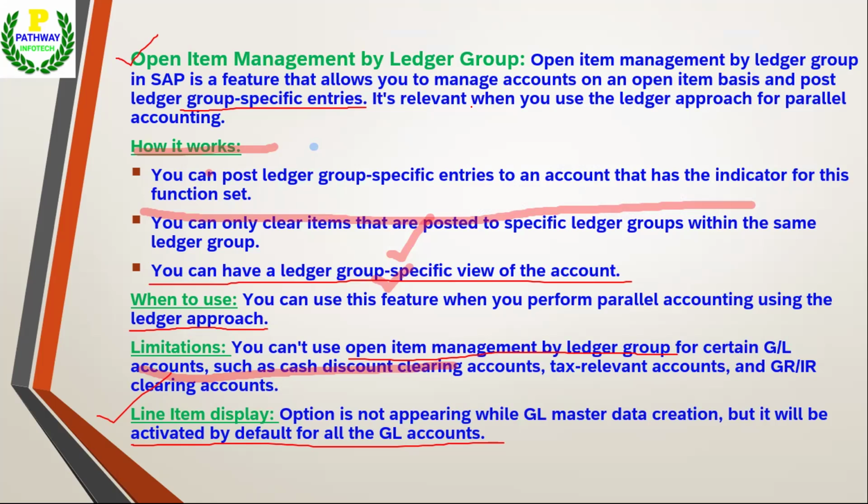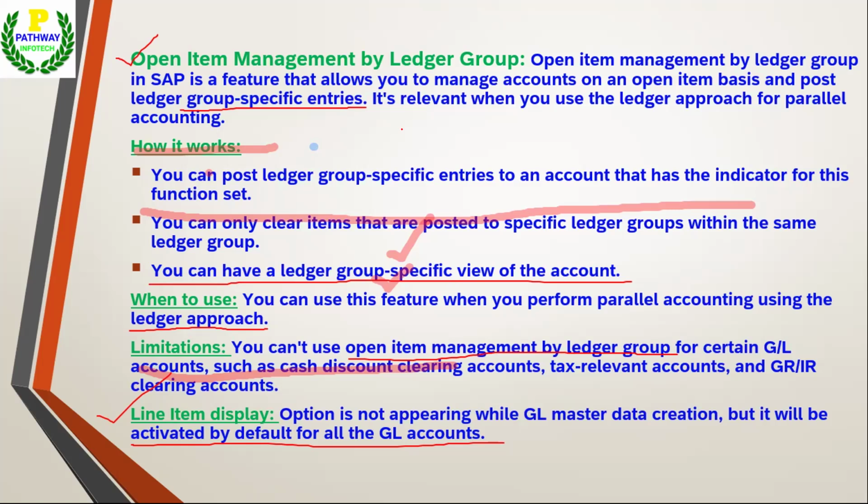Let's see here. Open item management by ledger group in SAP is a feature that allows you to manage accounts on open items which are ledger group specific entries, not for ledgers.